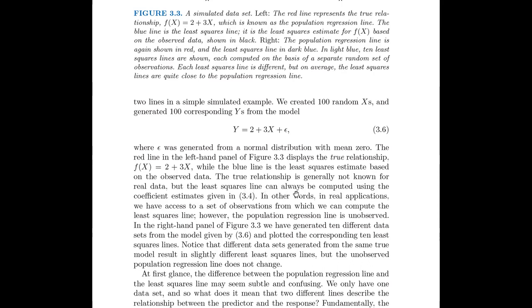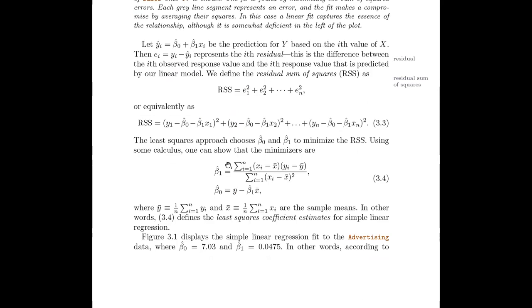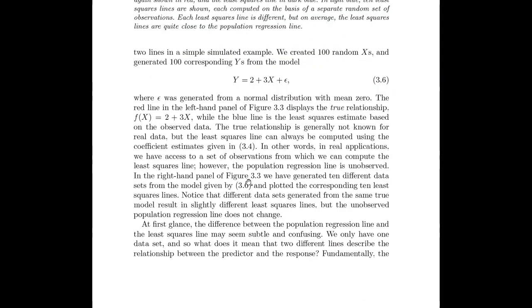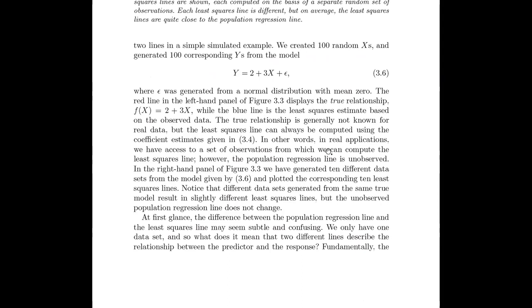But the least squares line can always be computed using the coefficient estimates given in 3.4. We have these two formulae which are solving a pair of simultaneous equations where you're equating the gradient to 0. In other words, in real applications, we have access to a set of observations from which we can compute the least squares line.